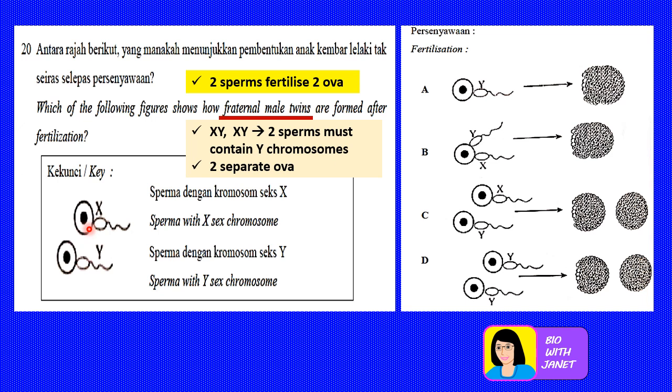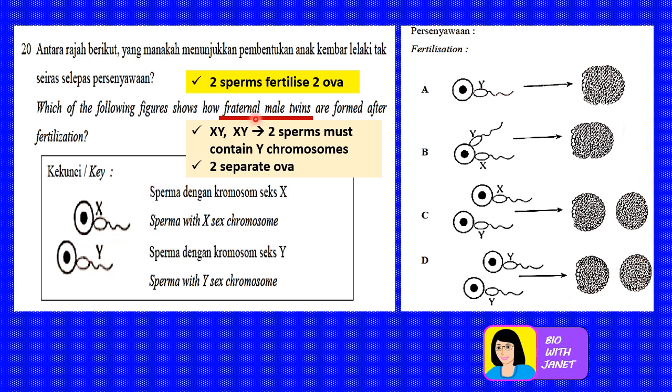So that means to get a male twin, the sperm must carry the Y chromosome, because there are two types of sperms, one that carries the X chromosome and one that carries the Y chromosome.